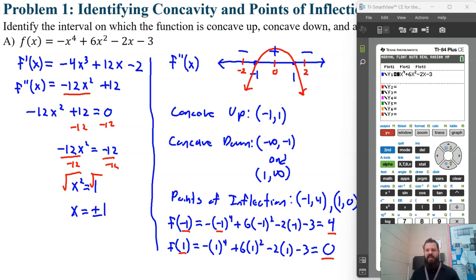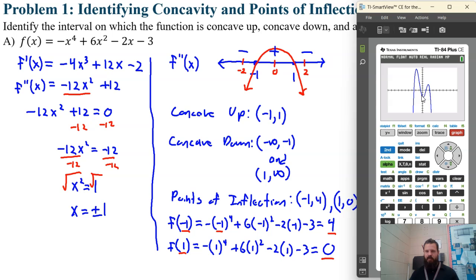Now, like we said, this would typically be a non-calculator problem on a test or a quiz, but it's not a bad idea once you actually come up with your answer, or if you're struggling to find that answer on homework or practice problems, pull out a calculator and graph the function you're looking at. So I've got our original function graphed here, and let's take a look. Yep, we said it was concave up from -1 to 1, which looks like it's true.